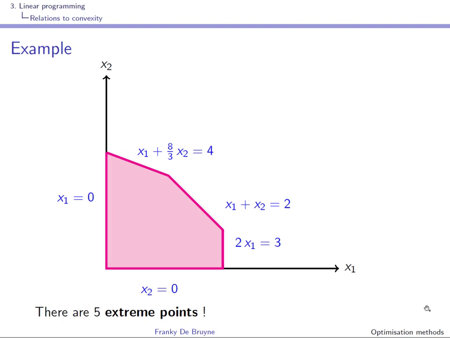So we have the 3 constraints and the non-negativity constraints on x1 and x2, and this generates a feasible set, and this is now this convex polytope. But since n is equal to 2, this generates a convex polygon, right? And if we have a look, indeed there are a number of extreme points or vertices, and in this case there are 5, and they are shown over here.